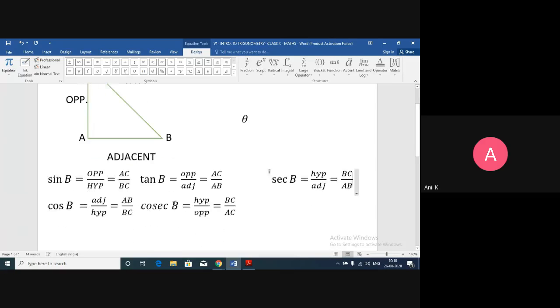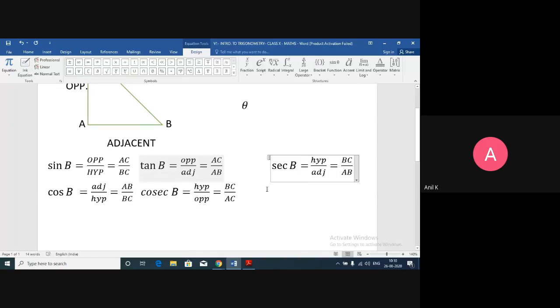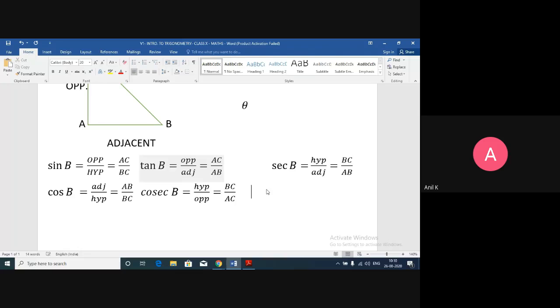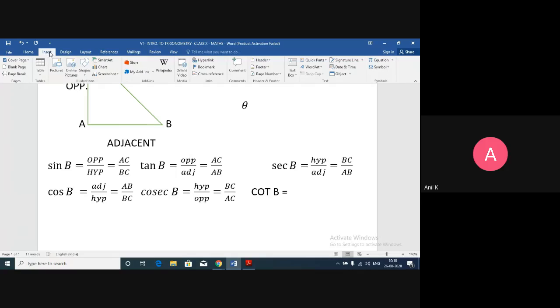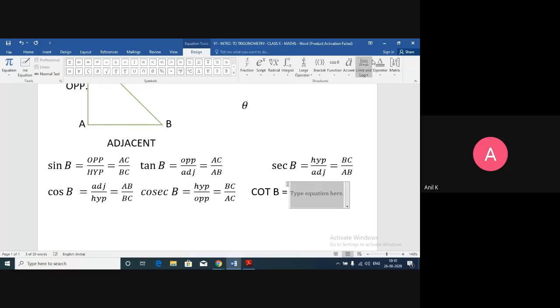Okay, that is the second definition. Next we have finally cot. Cot B equals, let me put the equation. This is the reciprocal of tan. Tan is opposite upon adjacent.